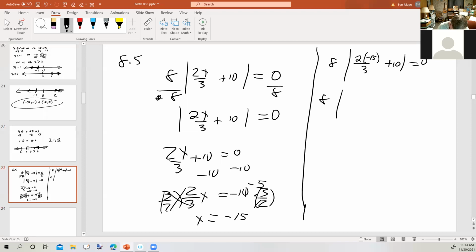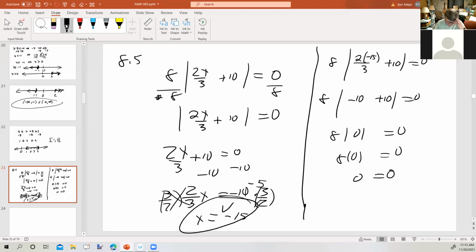That's going to be what? -30 over 3, which would be -10. -10 plus 10 would be 0. Absolute value of 0 is 0. 8 times 0 is 0. 0 equals 0. It checks.